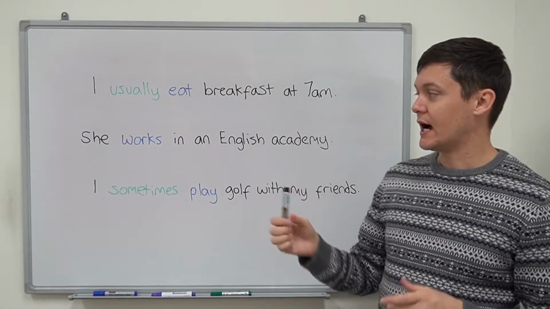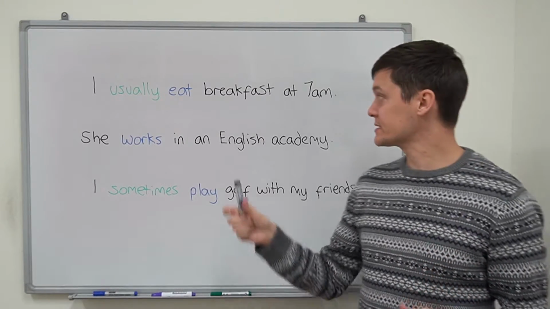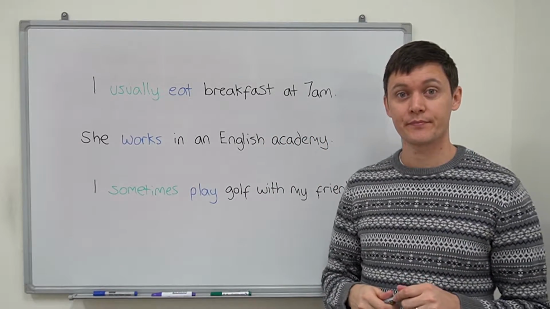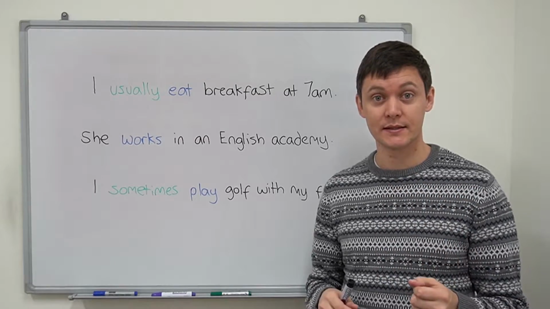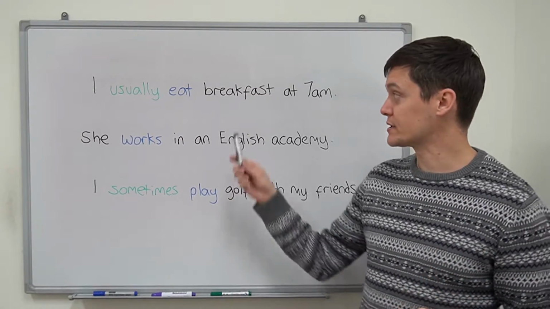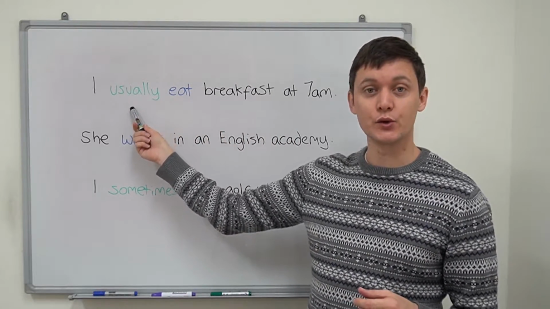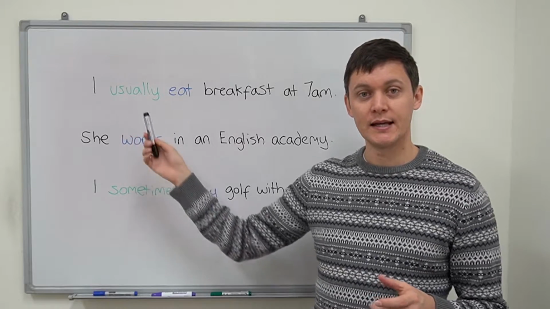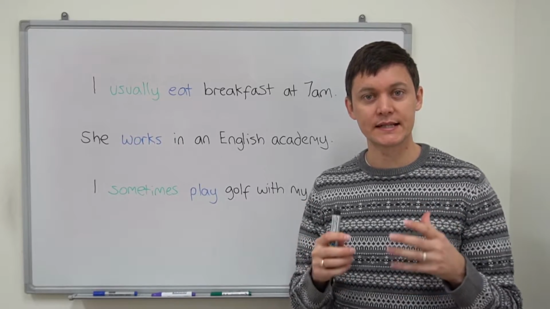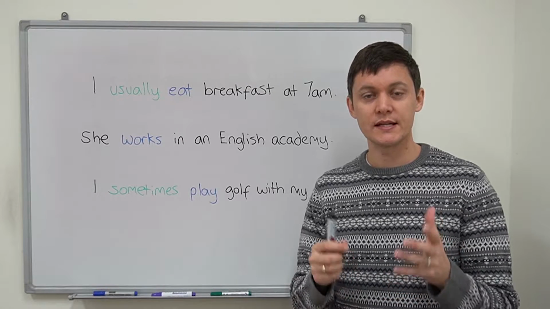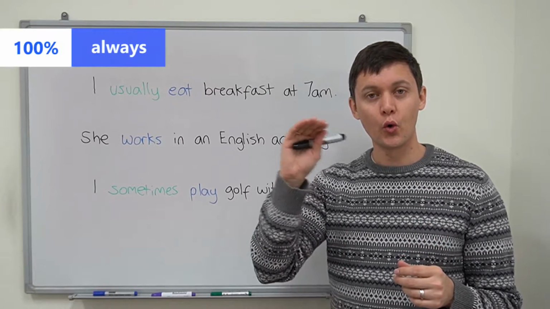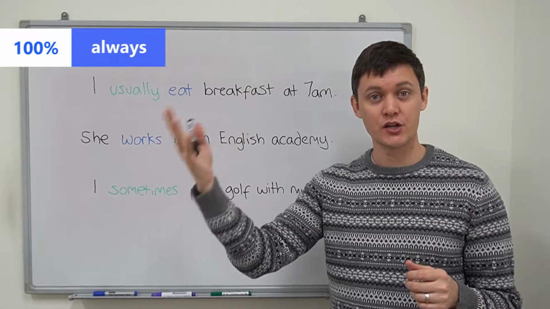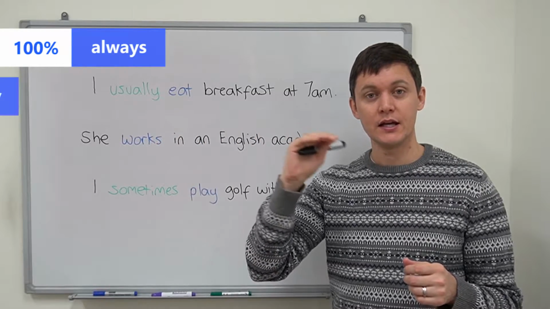So the first one, I usually eat breakfast at 7 a.m. This is a habit. Another thing that I want to point out is I've highlighted the word usually. Now, there are adverbs that express frequency. These adverbs are always, which means 100% of the time.